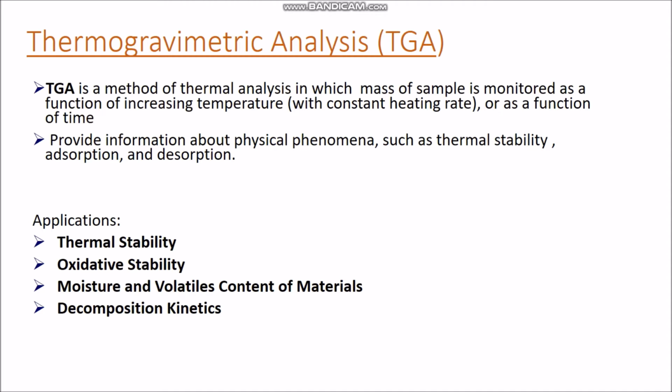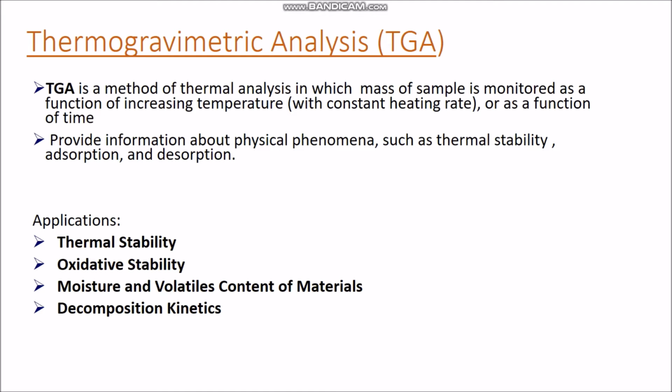So why do the mass changes occur in a sample? The mass changes occur in a sample due to thermal degradation or other physical phenomena like adsorption, desorption, or any reaction. TGA can be applied in finding thermal stability and oxidative stability in a material.